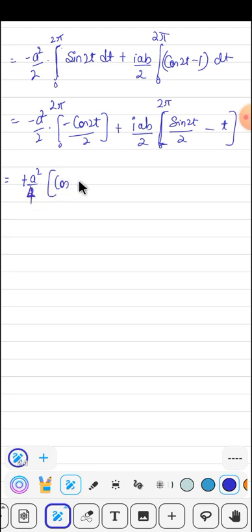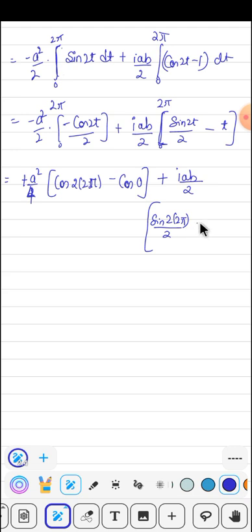I am left with cos 2 times 2 pi minus cos 0, plus i a b upon 2 and sine 2t, that is sine 2 times 2 pi upon 2 minus 2 pi, minus sine 0 upon 2 minus 0, bracket close.